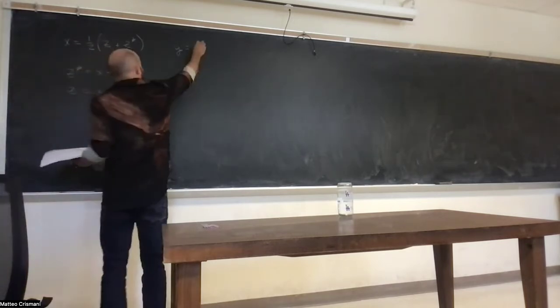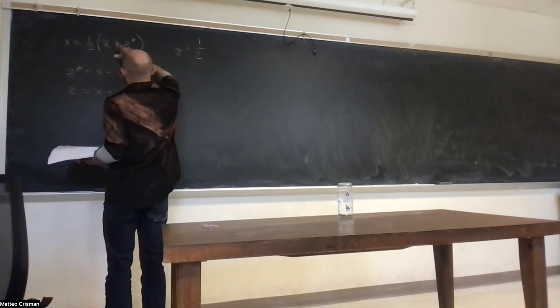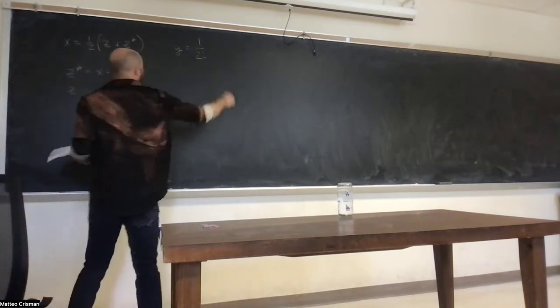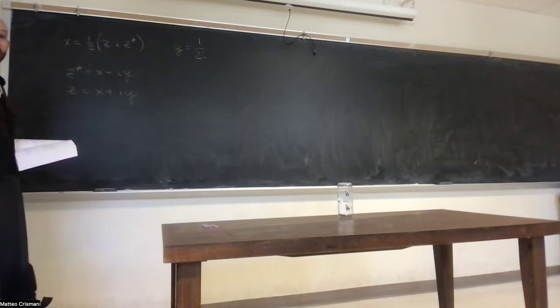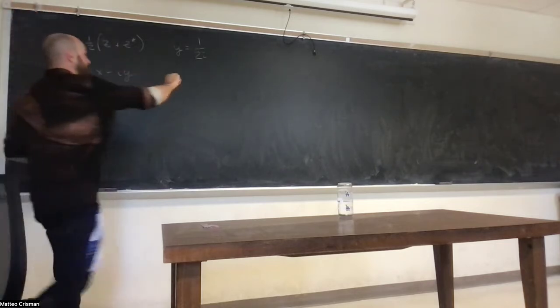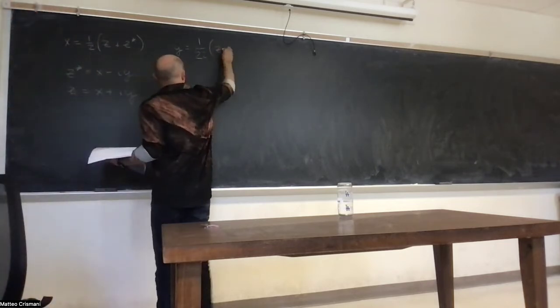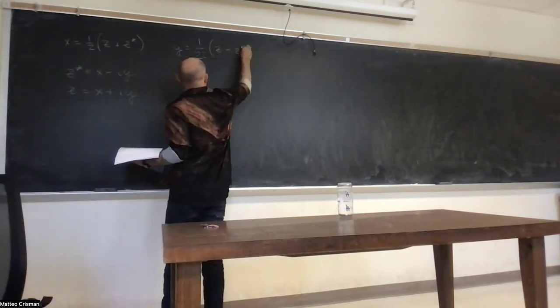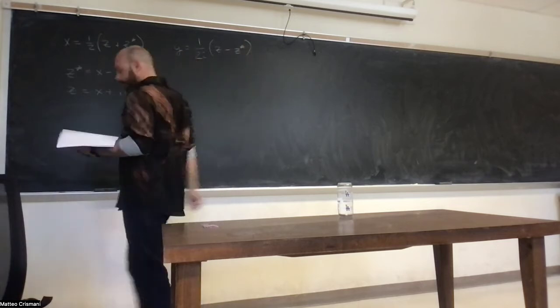I like that. Why do I like that? Because it's going to get rid of the fact that I have two versions when I do the adding. And I'm also going to have an i by definition when I add the two components. And then what do I have? z minus z star.